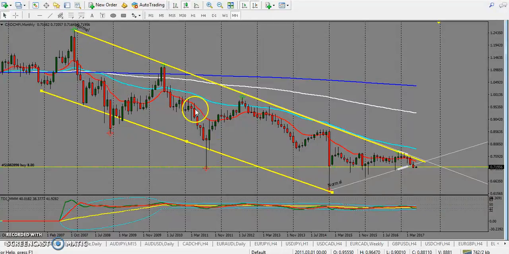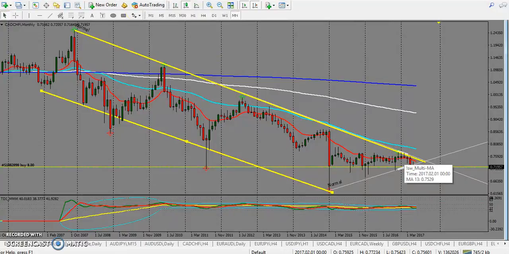Each time it hits a certain point in this channel, it rejects, creating lower highs.